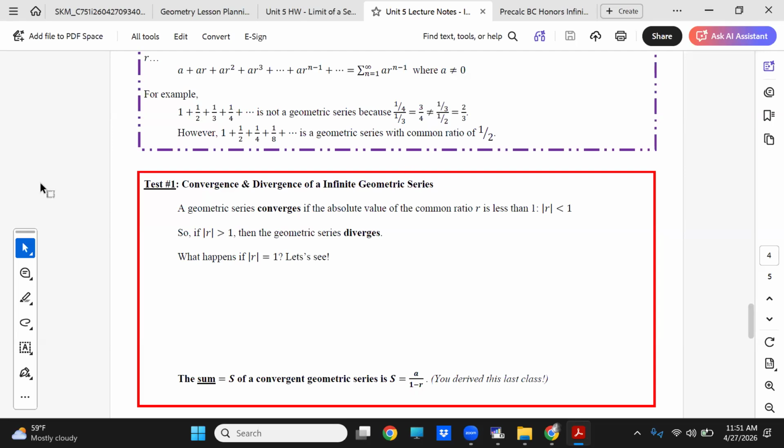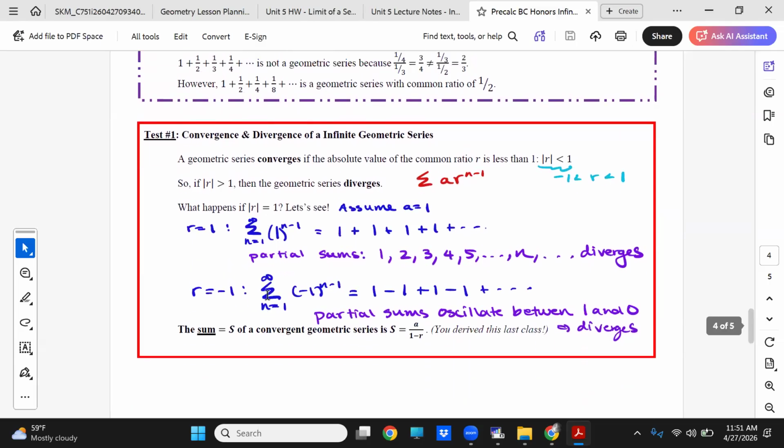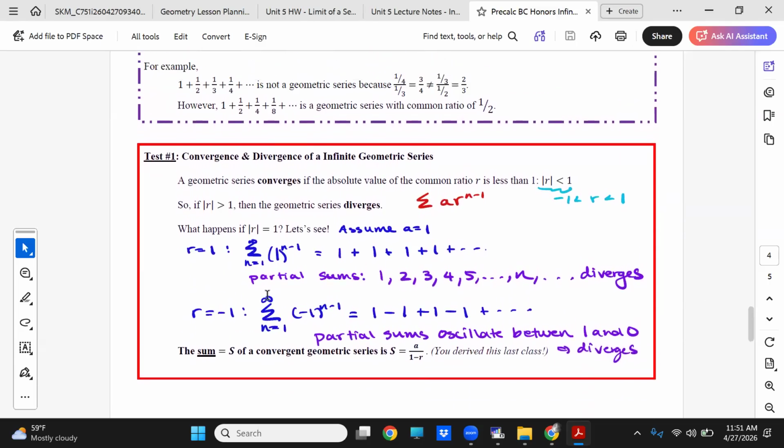We know this already. We've done this many times. And I think in the notes she has it written like this, just to show you how it looks. If the ratio equals 1, we get 1 to the n minus 1. That's a problem, right?